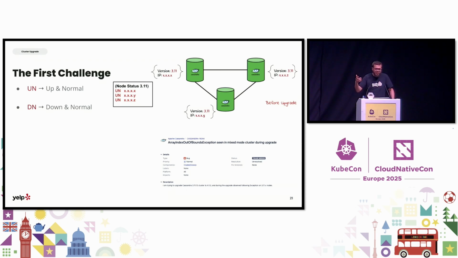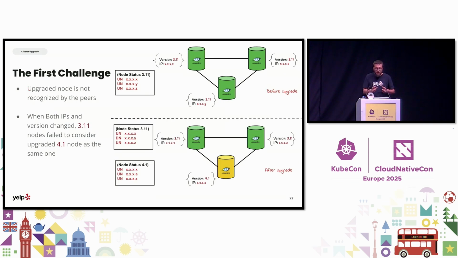So for the upgrade, we followed the standard rolling upgrade process, upgrading one node at a time, but this failed for us. More technical details about why it failed are captured in the Jira ticket in the open source community, but I will try to explain the problem with some smaller examples. Let's consider that we have a 3.11 Cassandra cluster with 3 nodes having X, Y, and Z in the last octets of their IPs.